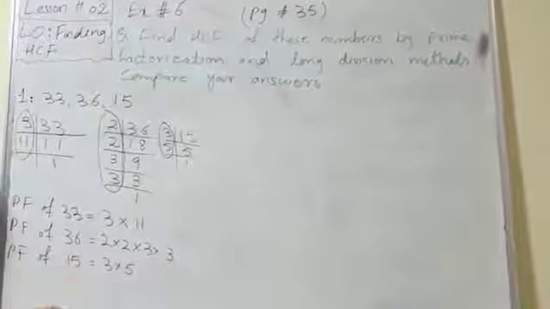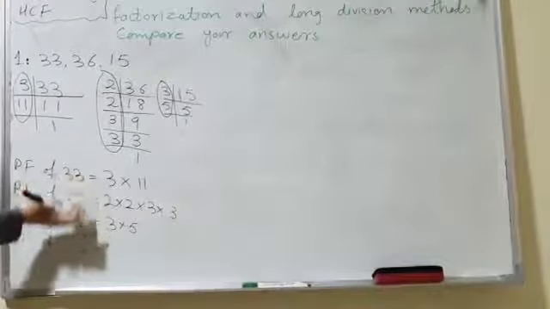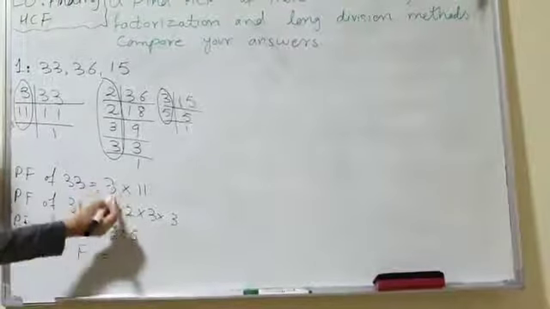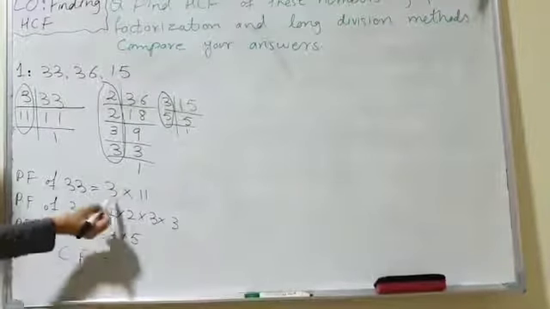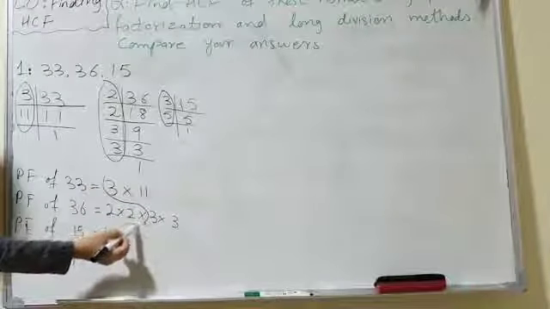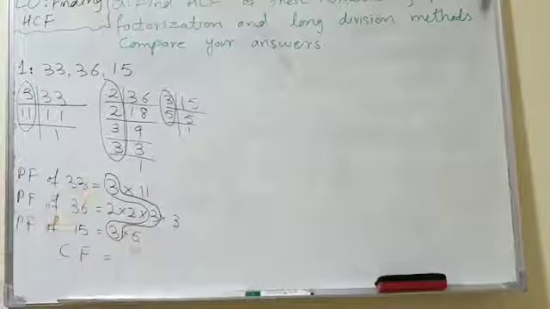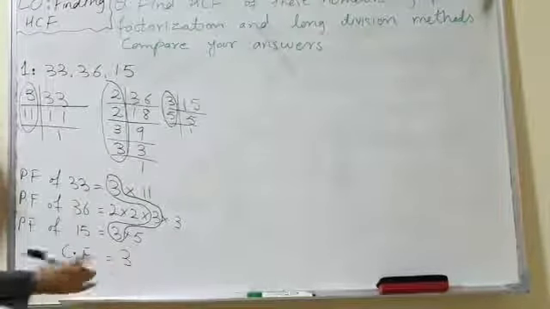Okay, and the next step is to find the common factor among these. You will find a factor which is common in these 3. Here you can see that one time 3 is common in all these 3. So the common factor is only 3.